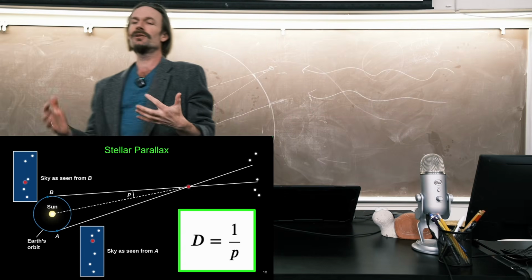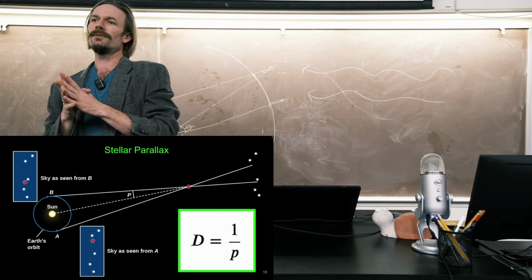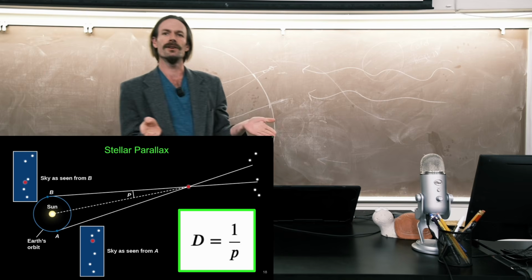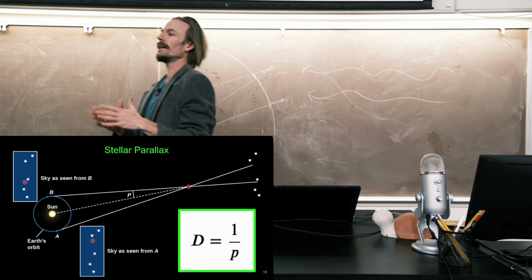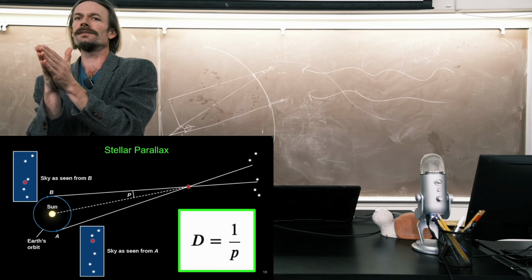They still couldn't see any angle of separation, even in the spring versus the fall. The baseline was not big enough to resolve any real angle between the stars.